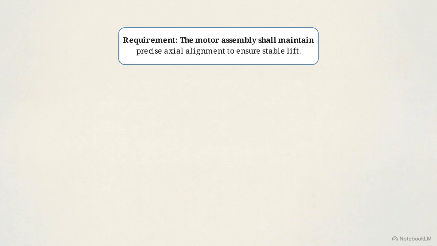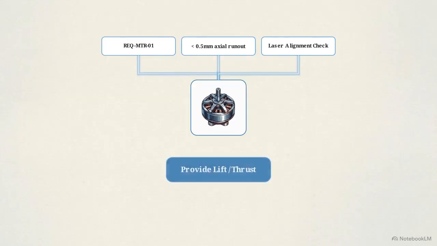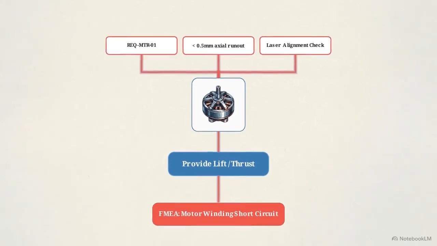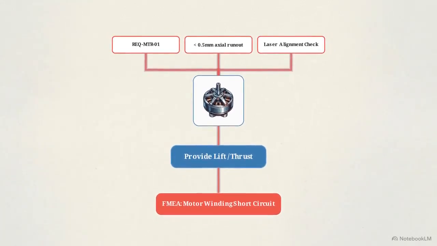Genesis solves this through functional allocation. This motor schematic shows a link passing from an alignment requirement through the component to the functional objective to provide lift. The linkage extends downward, connecting this objective directly to the threat of a motor winding short circuit. Customer requirements are converted from static prose into atomic, testable objects tightly bound to the physical parts.